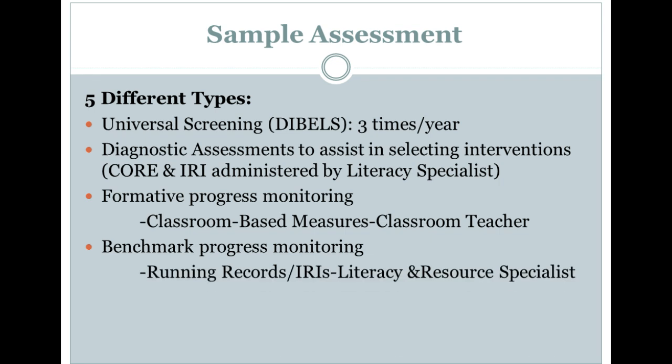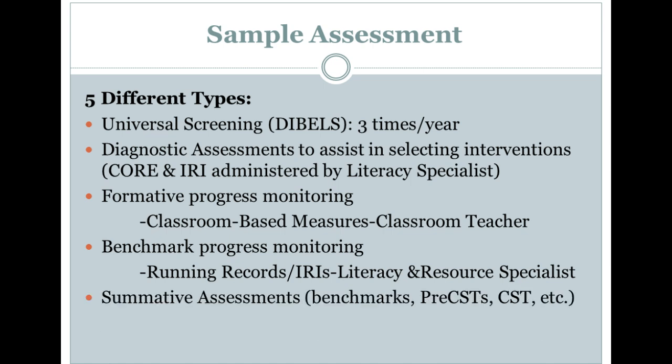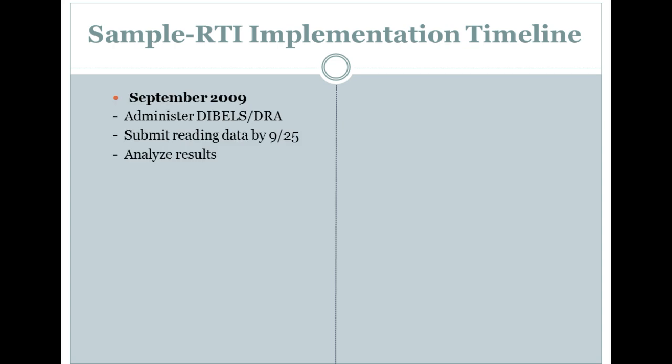For benchmark progress monitoring, the literacy and resource specialist conducted running records and informal reading inventories as well. And then summative assessments, we looked at our school-wide benchmark assessments and our CST results to see if the outcomes we wanted were reached. Here is a sample RTI implementation timeline that I found that kind of gives you an idea of how to set up your assessment timelines.